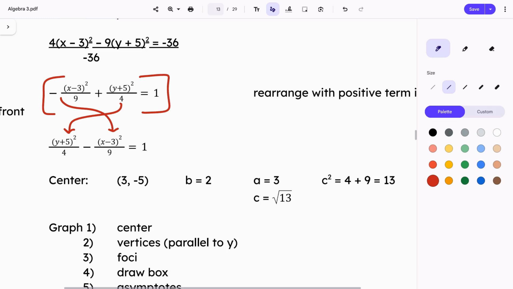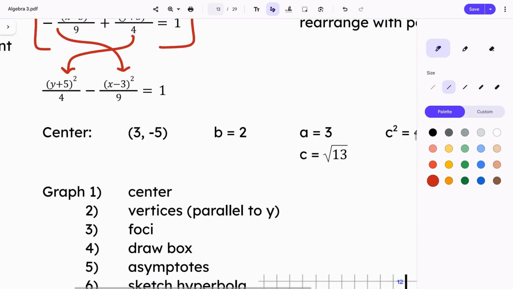So if you're ever getting to that point and you're wondering how do I know what goes first, so that I know if it's vertical or horizontal, the positive term is always going to go first. Now, if you look at what's written there, my center, be really careful with this because it is written backwards from what you need to think. The number with the x is the negative 3. So you're going to pull out the 3, and then you're going to take this negative 5. But make sure when you write them down here that you do still think about the order of a coordinate.